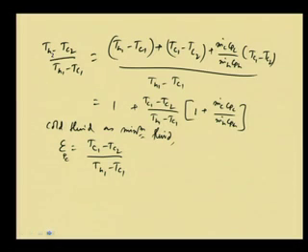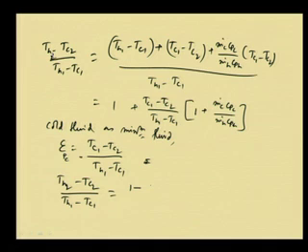We have a negative sign over here, because it is Tc1 minus Tc2, which is the minus of that. Therefore, we can write that (Th2 minus Tc2) by (Th1 minus Tc1) equals 1 minus epsilon into (1 plus Cr).